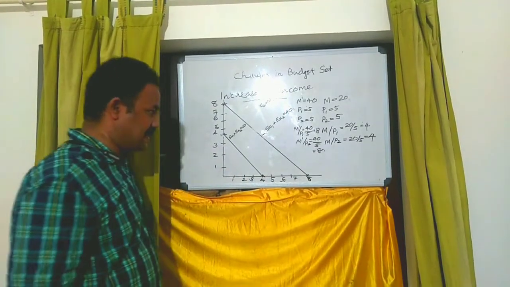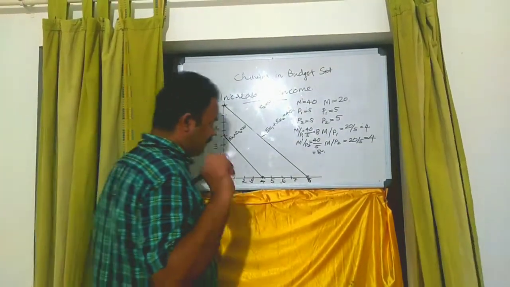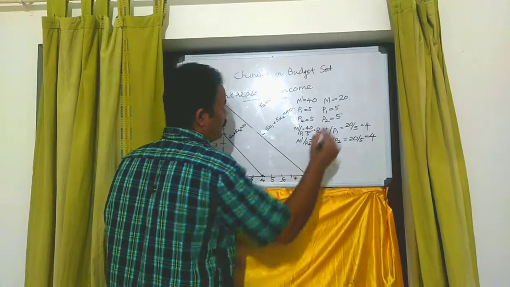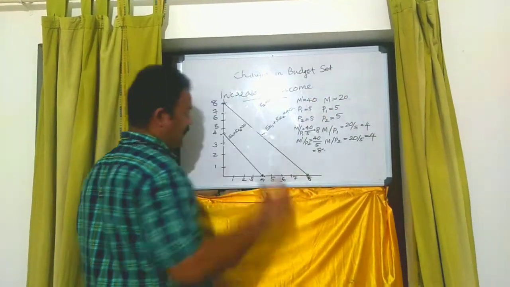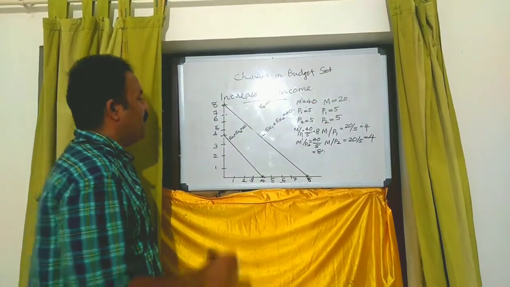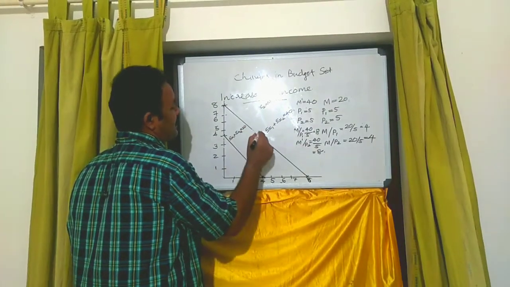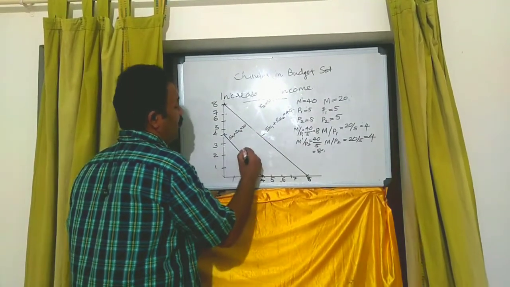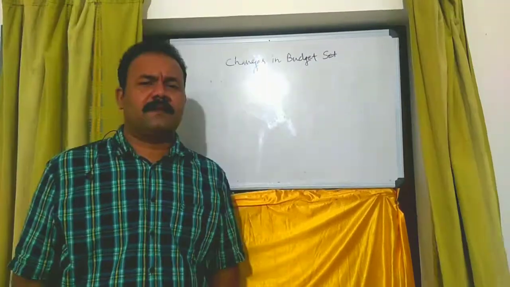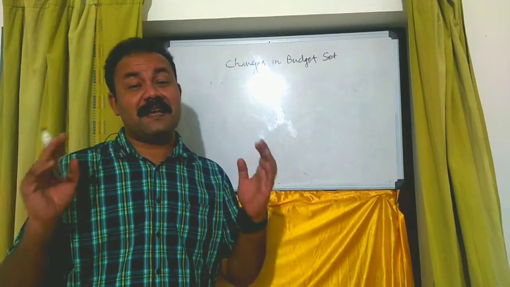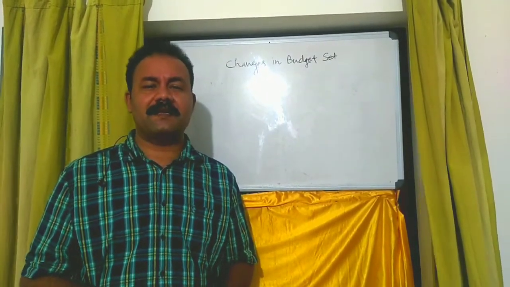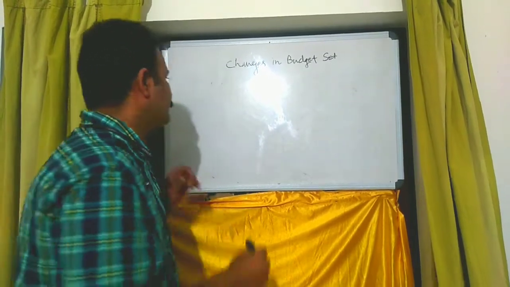Then we can say that when income increases from 20 to 40, at that time budget line will shift to rightward or upwards. Then we can take the second case, that is decrease in income.